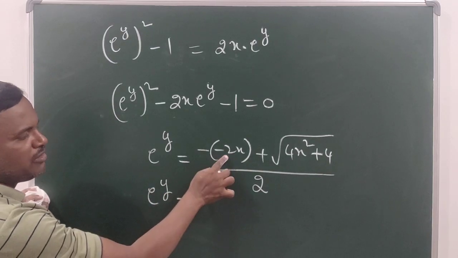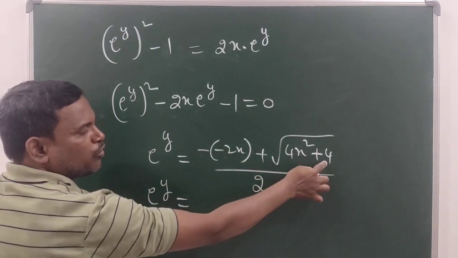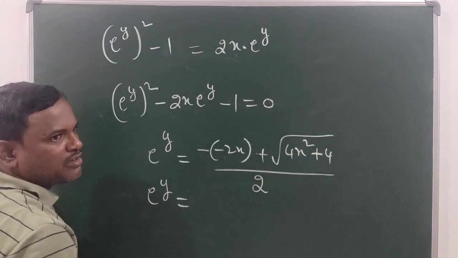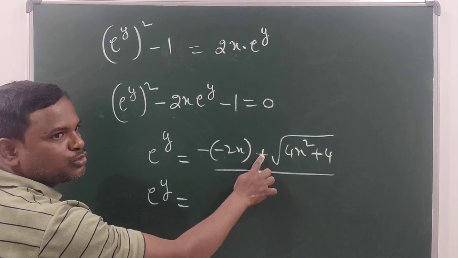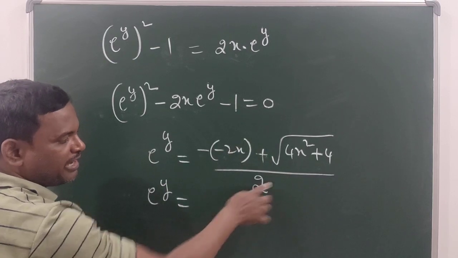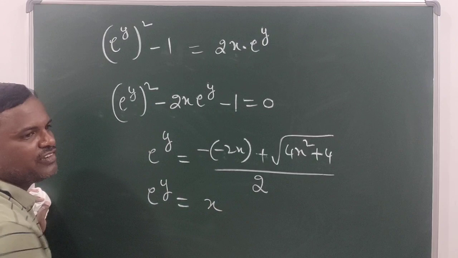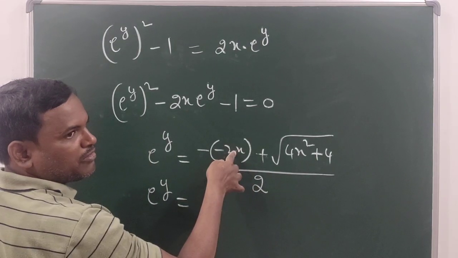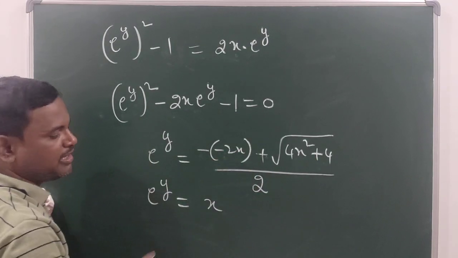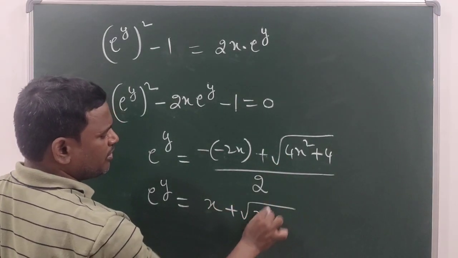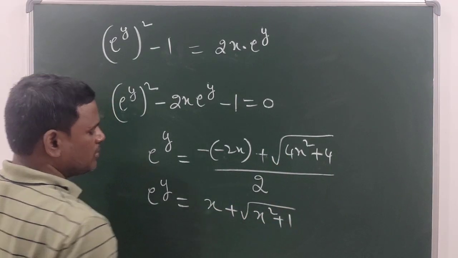e^y is minus of minus, so plus, and here root 4. Inside the square root, 4 is there. Take that 4 common. While it is coming out, it will come as 2. And again take 2 common and cancel with the denominator. So after cancelling, what is left here? 2 I took common from the numerator, I cancelled with the denominator. Here x is left, plus root of x square plus 1.